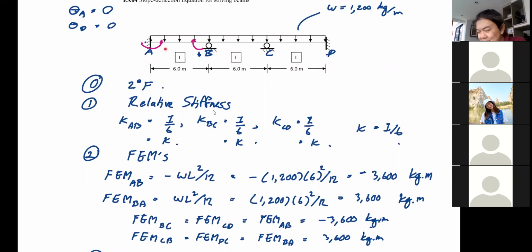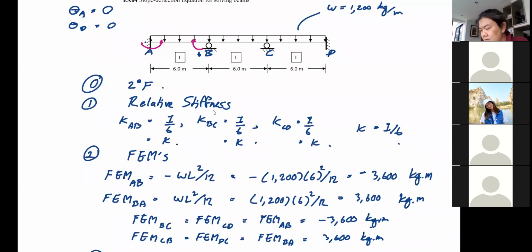Kind of silent. No, you don't. There'll be some value because it's a fixed support. So there'll be a moment at A, with some magnitude, so we don't know anything. But at B, to maintain equilibrium, the moment summation must be 0.